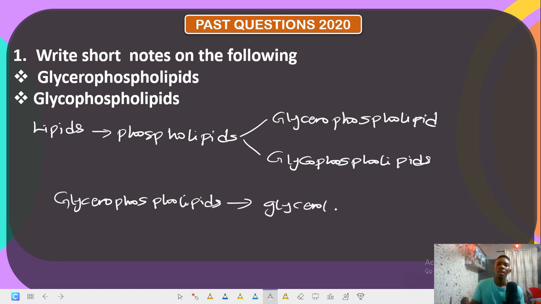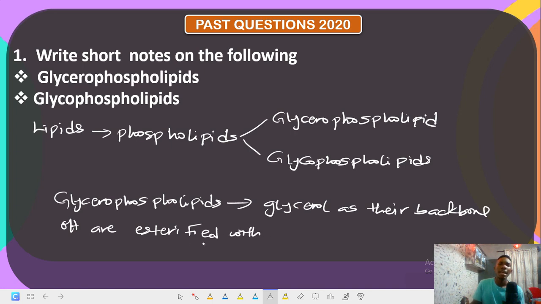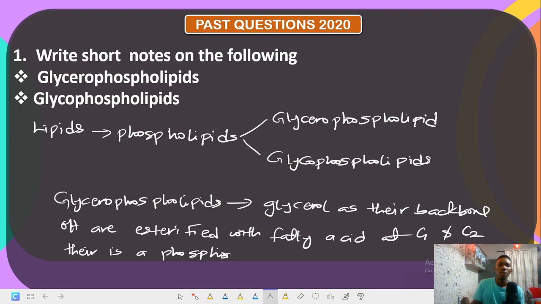They have glycerol as their backbone, and the glycerol OH are esterified with fatty acid at carbon 1 and carbon 2, and also we said there is a phosphate group attached at carbon 3.